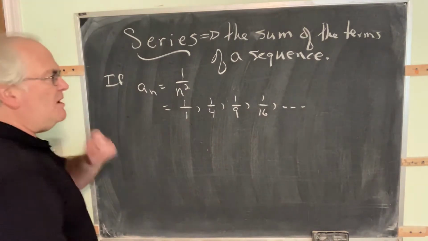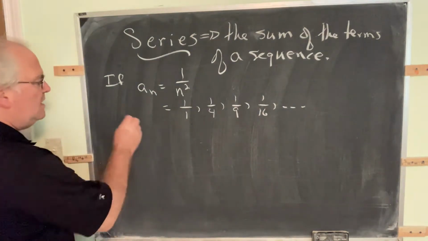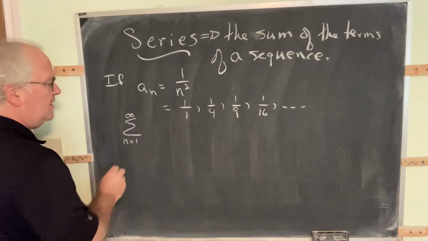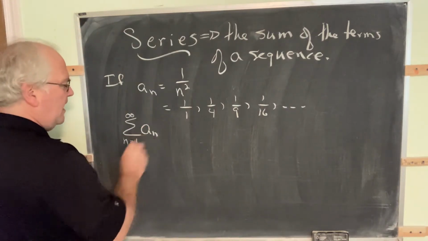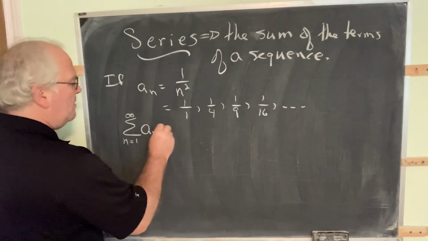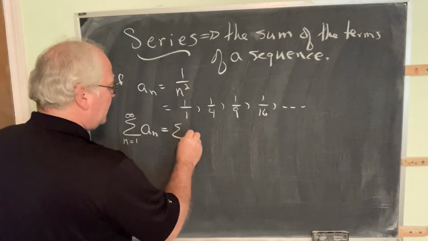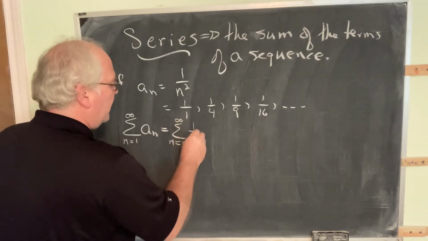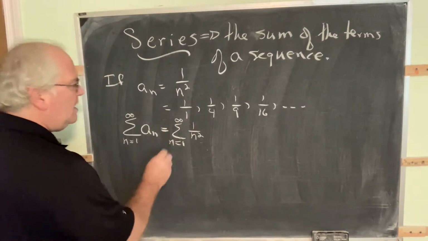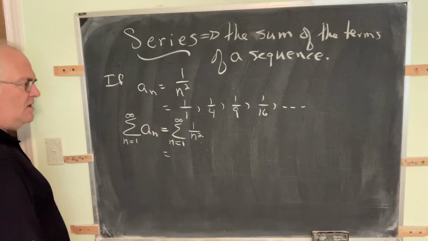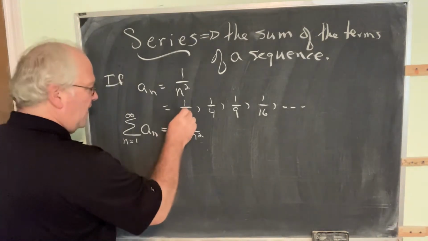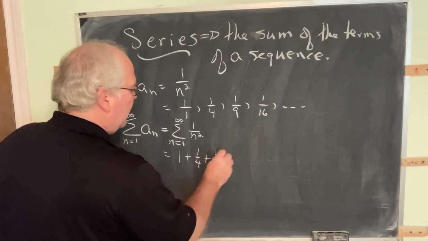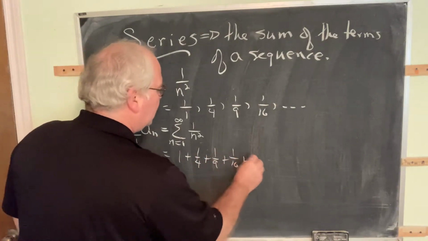Then the sum of the terms of the sequence, and we write it this way: the sum as n goes from 1 to infinity of a_n, which we may write as the sum as n goes from 1 to infinity of 1 over n squared. That is the sum of the terms of that sequence. And so we can write, I'm going to simplify this, 1 plus 1/4 plus 1/9 plus 1/16 plus, and so on.